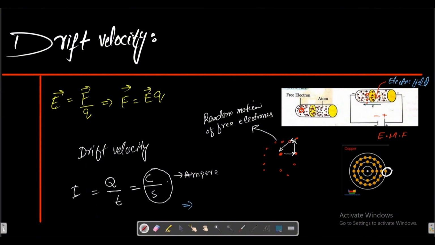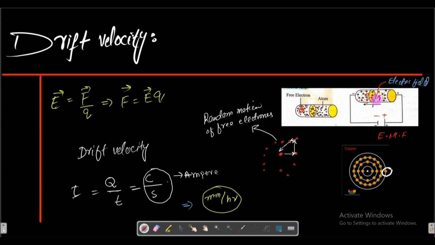It is up to millimeters per hour. If the drift velocity is very low here, then how do the electrons pass quickly through this copper strip? One possible answer for this is the electric field.